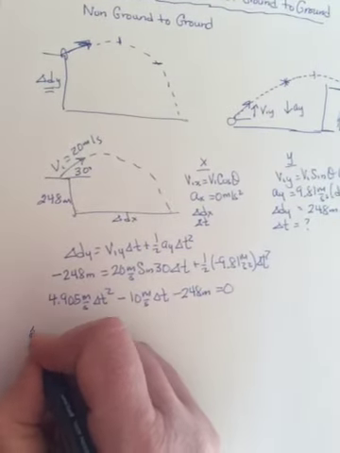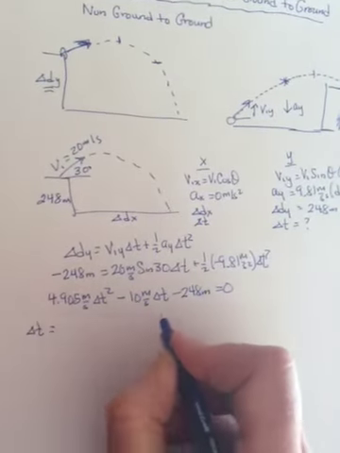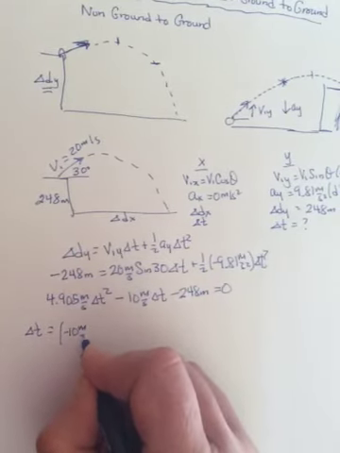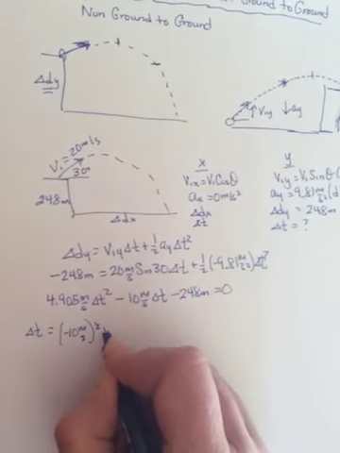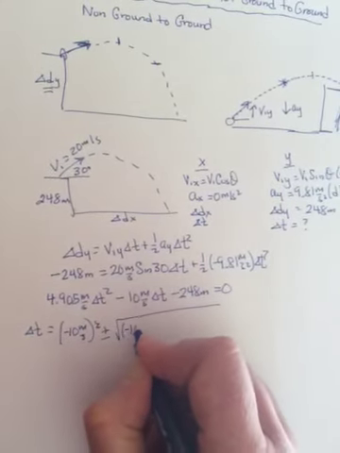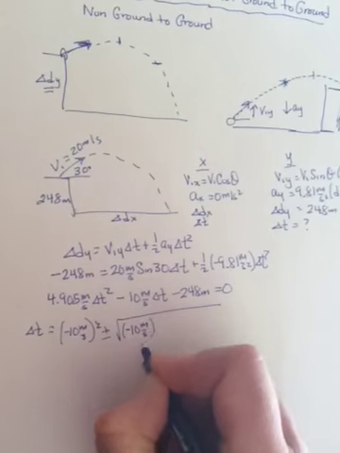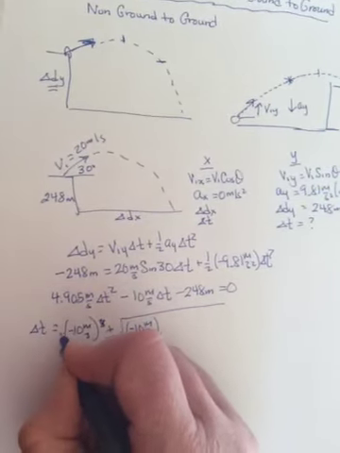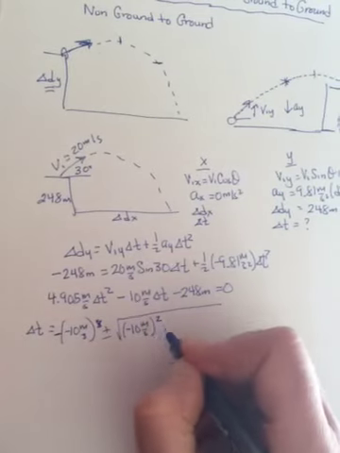And now I fill it in my quadratic. So Δt equals negative b, so negative negative 10 meters per second, plus or minus the square root of b squared, negative 10 meters per second. B, there's no squared here, sorry, minus b, and the squared is here. I was just doing it in my head.